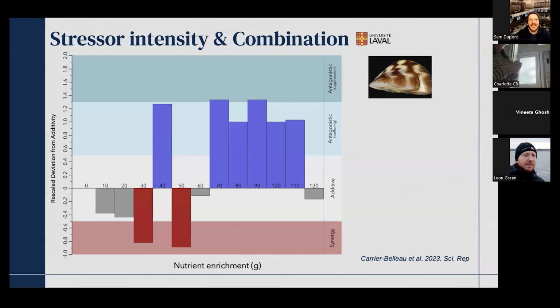In red, we have synergistic, so amplified effects, and in blue, we have antagonistic responses, so attenuated effects. We see this shift along the gradient in the effects of both stressors, which is interesting, but it becomes complicated, because if we look at only one intensity for a stressor, it doesn't mean that we're going to capture the whole effect when it's combined with a different one.